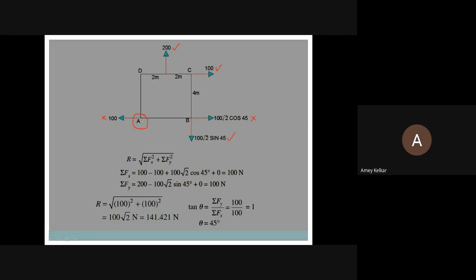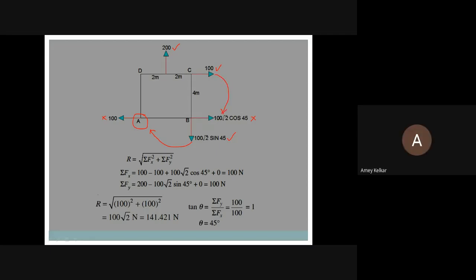So how will this 100 root 2 sine 45 force rotate about point A, clockwise or anti-clockwise? Clockwise. Correct. Now this force, how will it come?